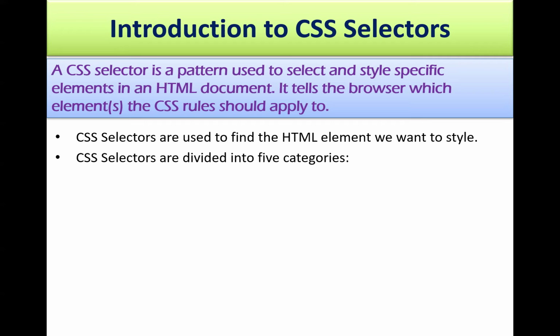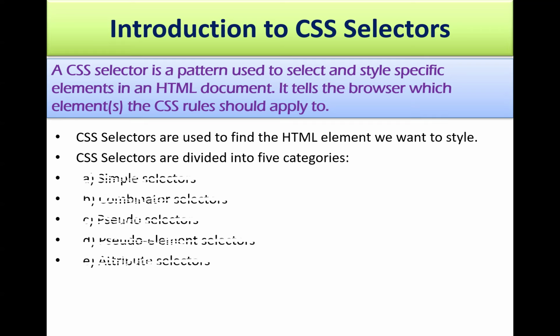CSS selectors are divided into 5 categories: simple selectors, combinator selectors, pseudo selectors, pseudo element selectors, and attribute selectors. Among these 5, in today's class we are going to learn simple selectors.